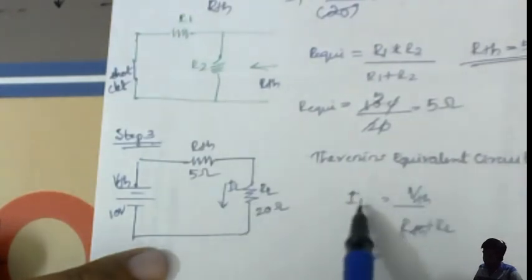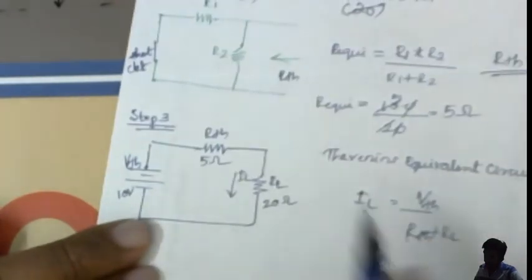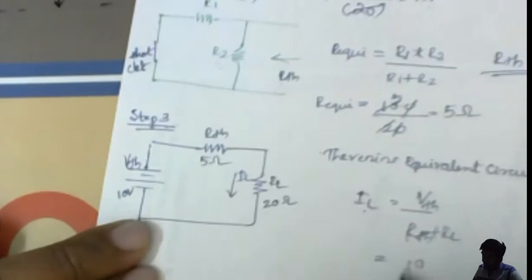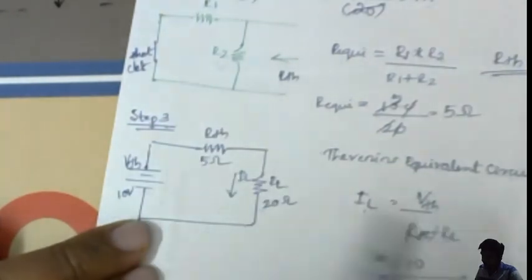In order to find the load current, first remember the total voltage as well as the total resistance. So the total voltage will be 10 and the total resistance will be 5 plus 20, 25 ohm.